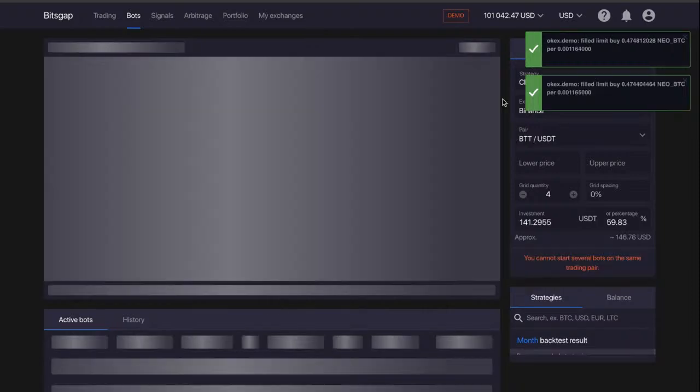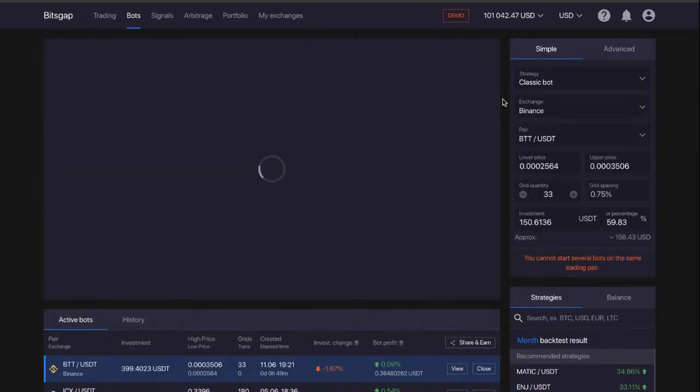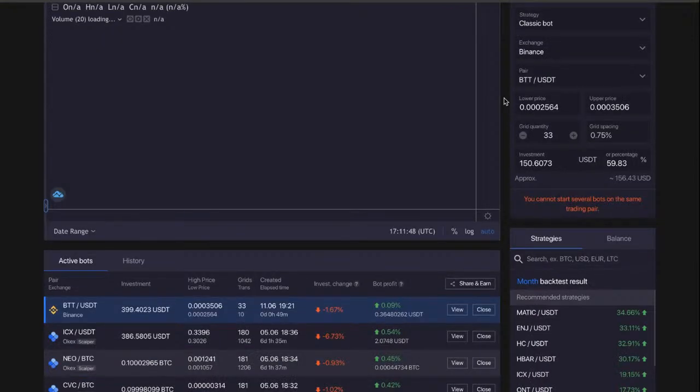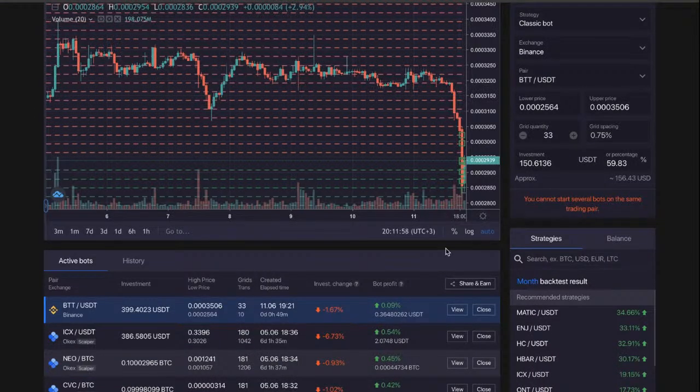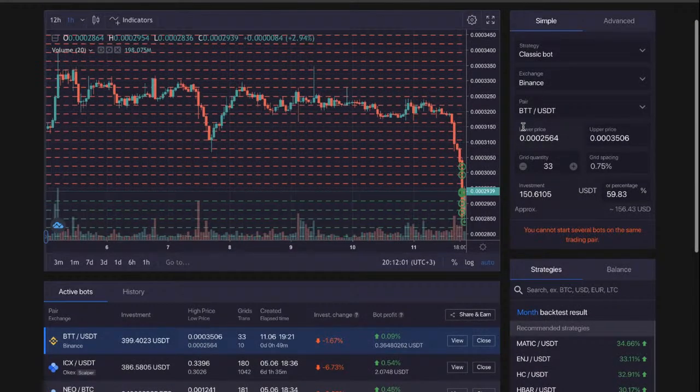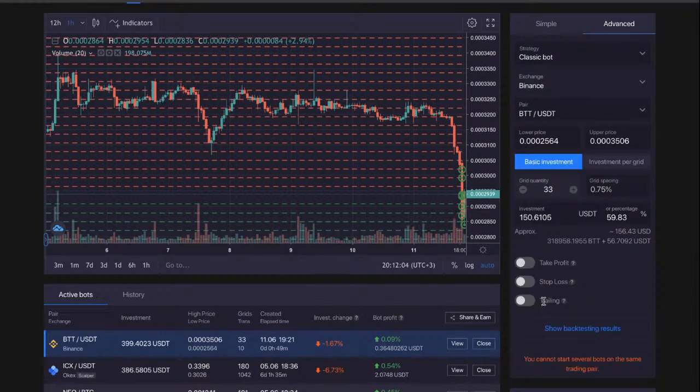When it comes to the risk level, it's up to you. If you put only 3% of risk, then make sure that your stop loss is set accordingly and you won't lose more than 3% of your investment. So using the stop loss function, you are able to control the risk.